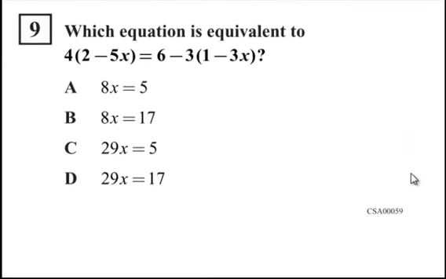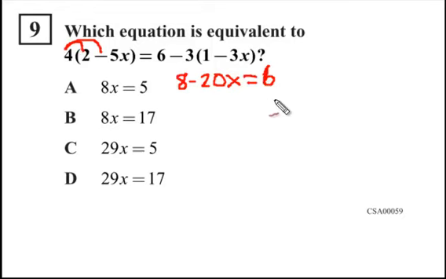Number 9. Which equation is equivalent to 4 times 2 minus 5x equals 6 minus 3 times 1 minus 3x? The first step is to simplify each side of the equation. On the left-hand side, let's multiply 4 by what's in the parentheses using the distributive property. 4 times 2 is 8. 4 times negative 5x is negative 20x, equals 6.